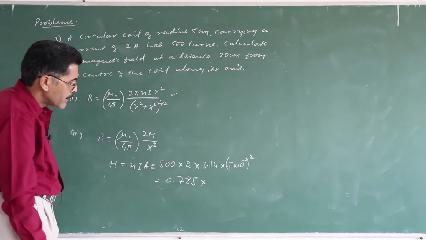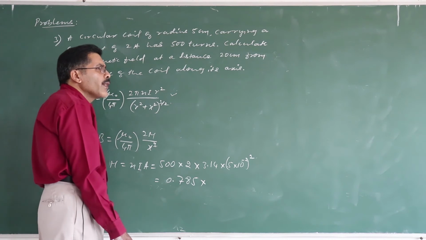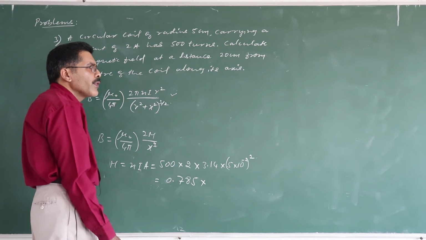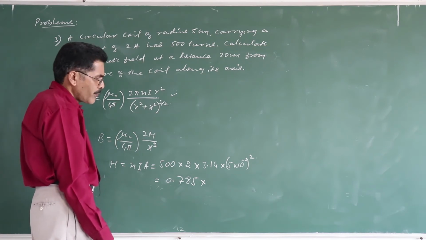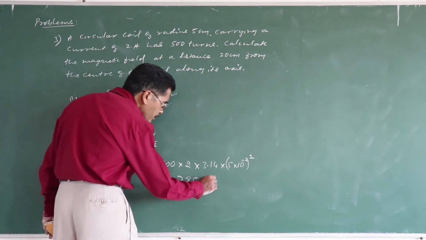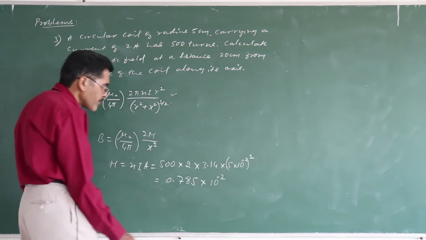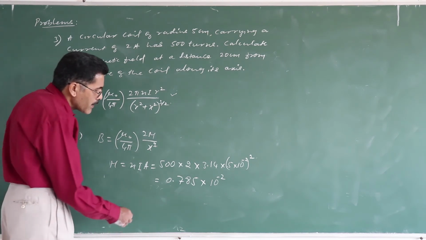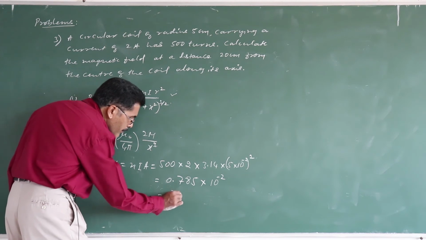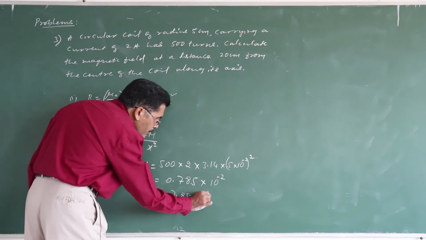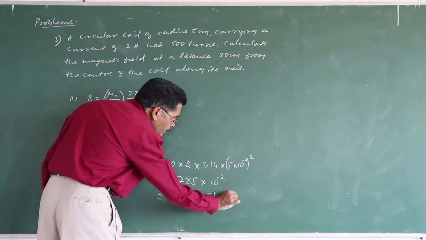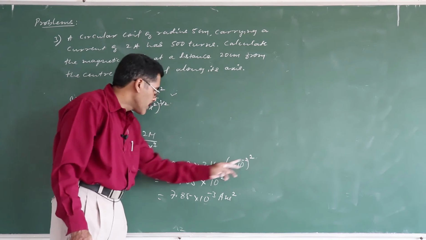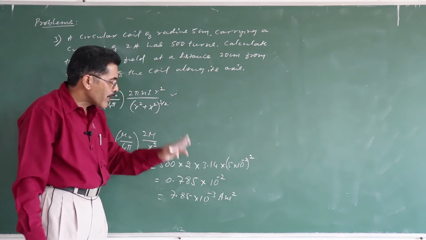I just write like this, 0.25 into 10 raised to minus 2, 0.25 into 10 raised to minus 1. Totally 10 raised to minus 2 remains. Or this is 7.85 into 10 raised to minus 3 ampere meter square. Please check it up. See, here there will be 10 raised to minus 4. There is a 10 raised to 3 here. 10 raised to minus 1 remains.